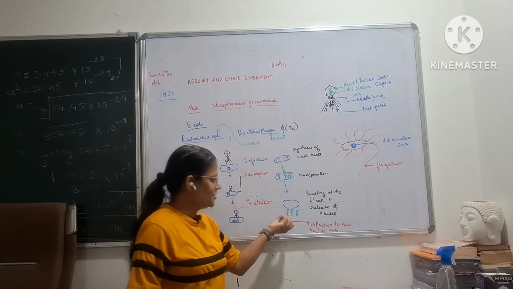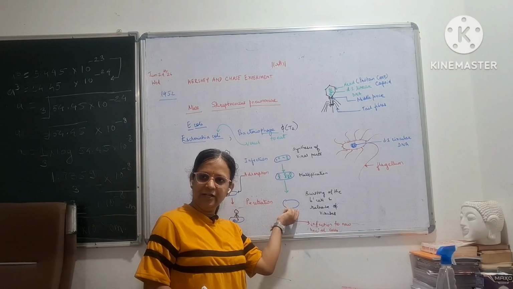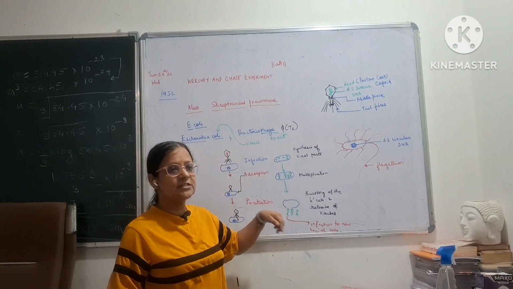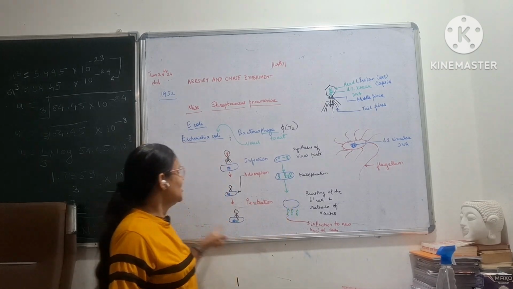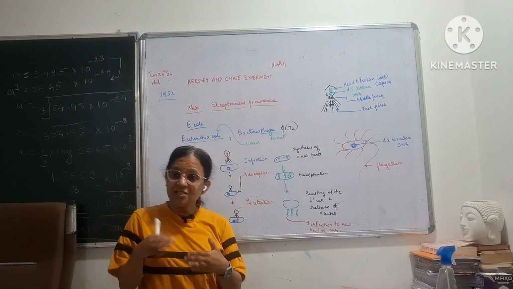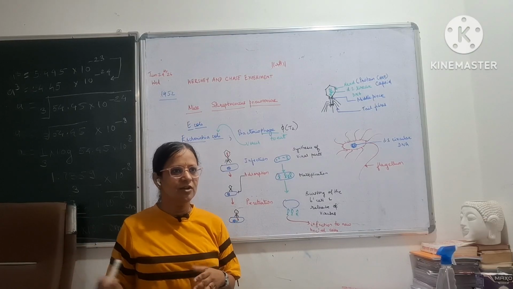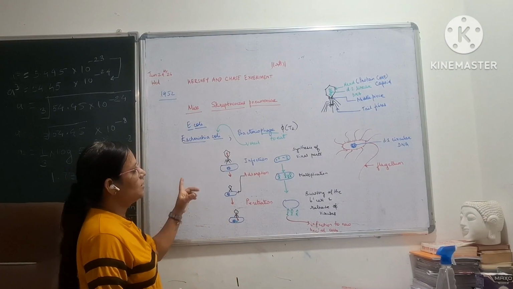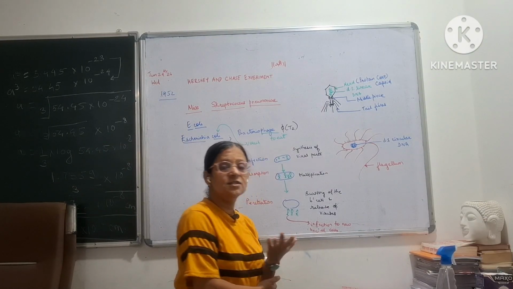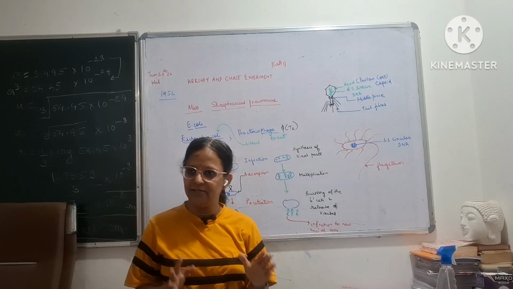Understood? So the viruses which are released from the host bacterium, now each virus is capable of infecting again a new bacteria. This is how the multiplication goes on, right? So this is a general method how the virus multiplies within the bacterial cell.